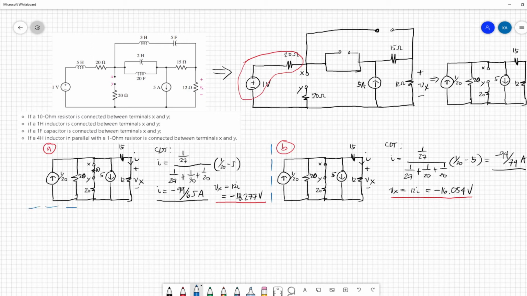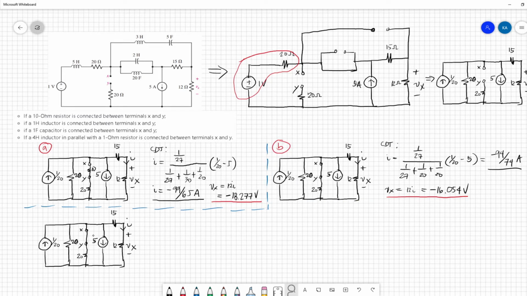Now for the third case, if a 1 farad capacitor is connected between X and Y, using the same circuit, a capacitor at DC conditions is equivalent to an open circuit.